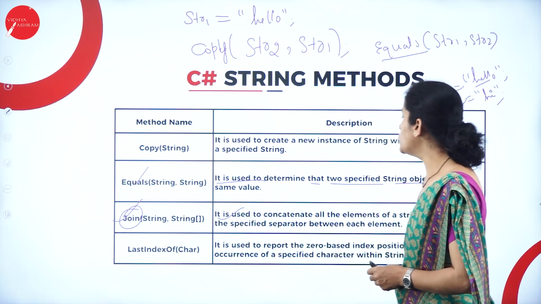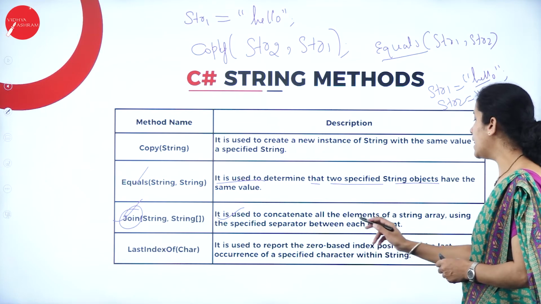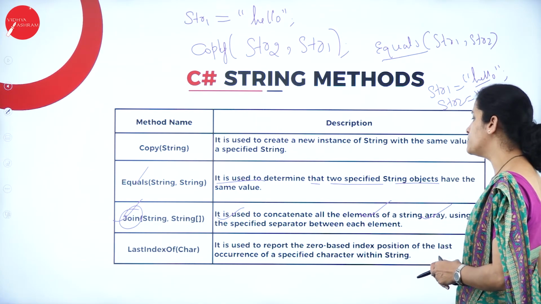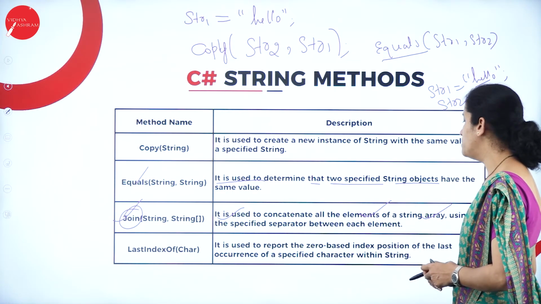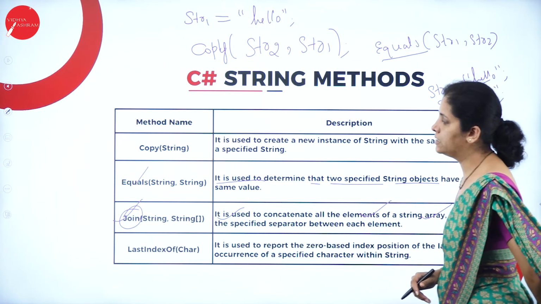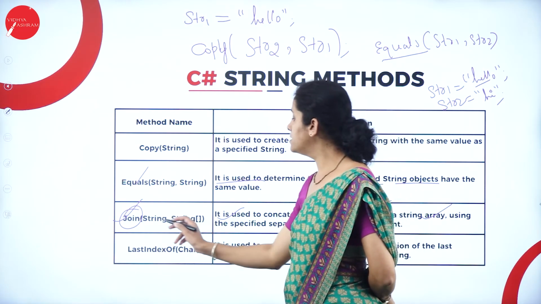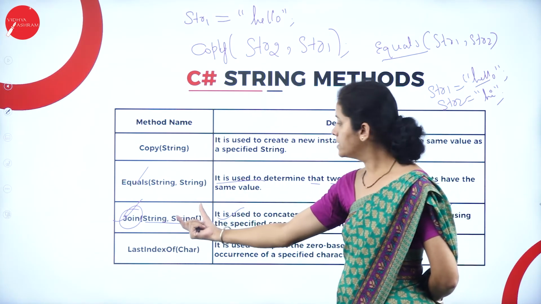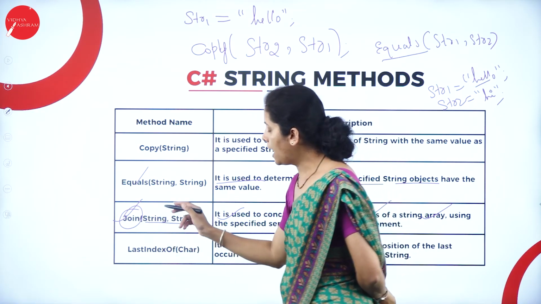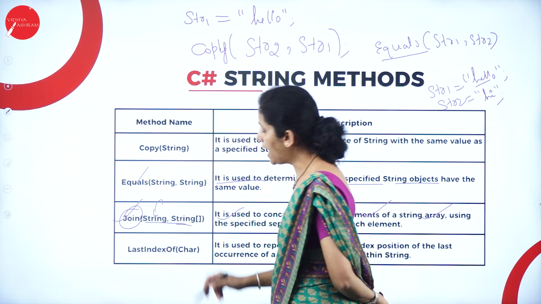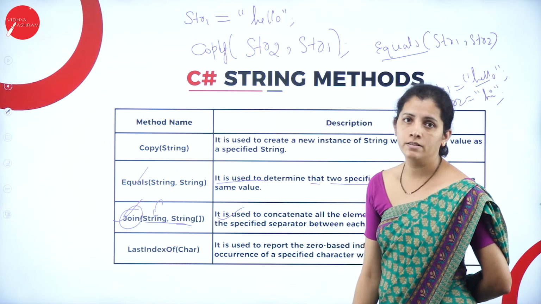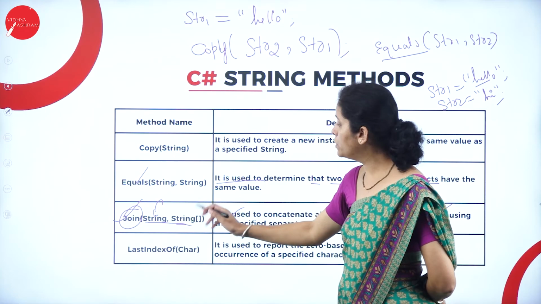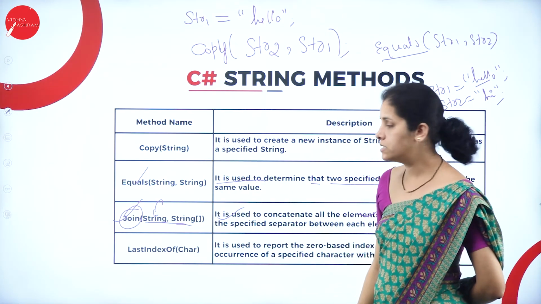It is used to concatenate all the elements of a string array using a specified separator between each element. Dear student, please remember this syntax, Join. I have string and here I have an array of strings. So both are different.